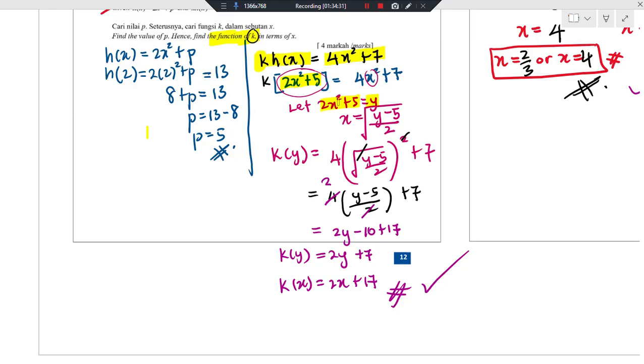And then remember, I need to substitute this y into here, this x into here. Faham? Okay, I substitute lah. So dia dapat k(y), square dengan square root cut. So, and I rewrite back. Then 2 and 4 you can cut. So 2y minus 10 plus 7. So I get k(y) equal to 2y plus 7 only lah. So k(x) is 2x plus 7.